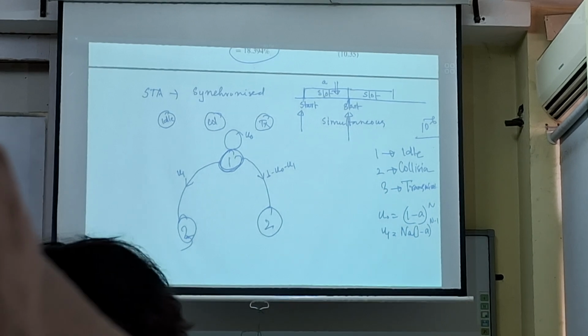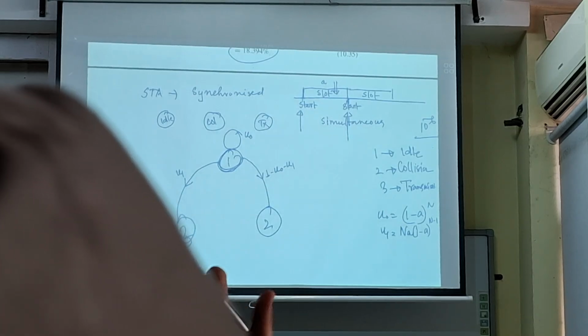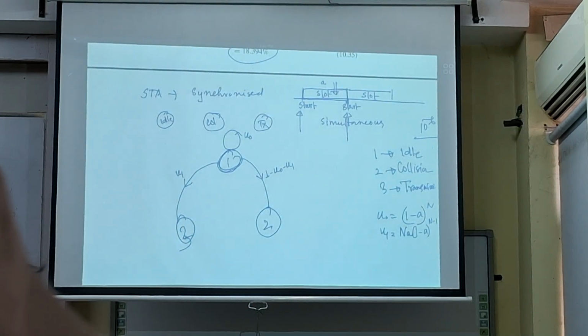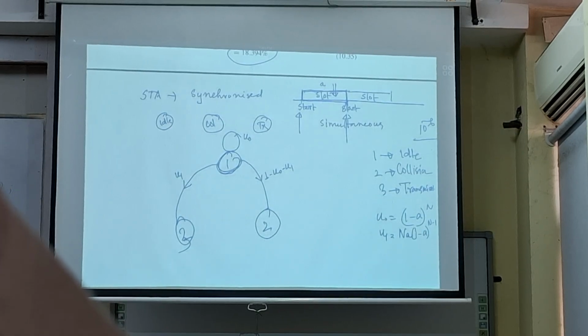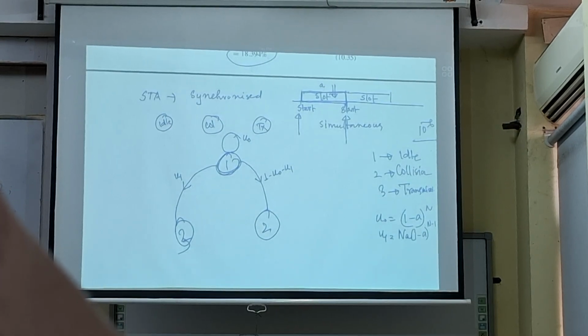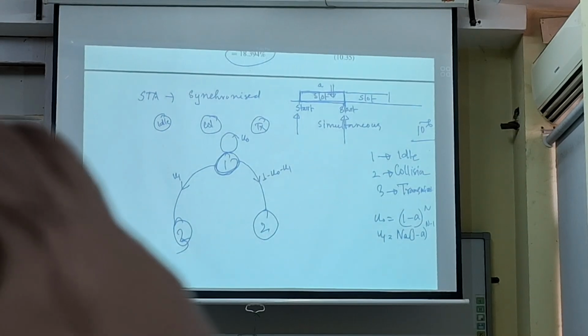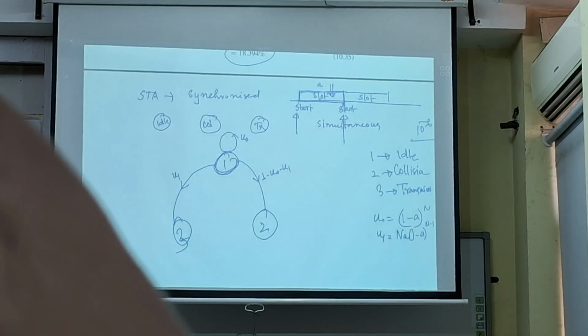Now, if the current state is transmitting, then until the slot ends, it will remain in the transmission state, because in the middle of the slot, any station is not allowed to initiate a transmission. So we can assume that the transmission will be successful.